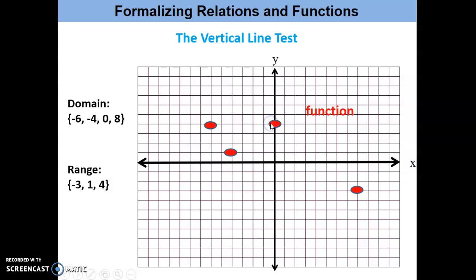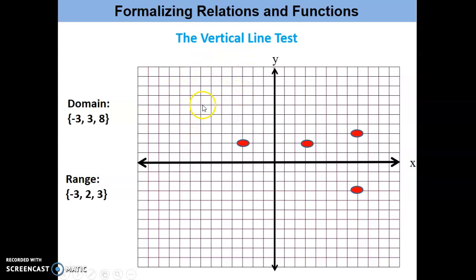They're both at +4. So our range would be -3, 1, and 4. But again, don't forget, guys, just because the y's are the same does not tell us whether or not it's a function. To find out if it's a function, we only look at the domain. Okay, we only look at the x values. Did the x's repeat?